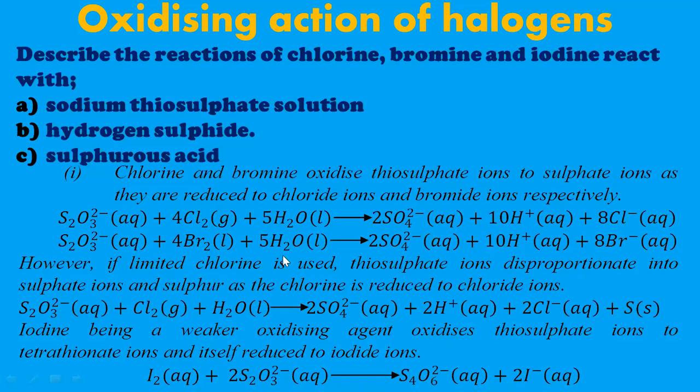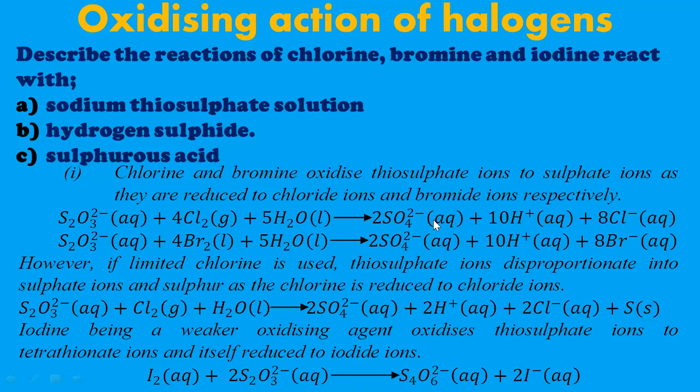However, if you use limited chlorine or limited bromine, then the thiosulfate ions will disproportionate into sulfate ions and sulfur. In other words, we shall form a yellow precipitate, or a yellow solid deposit, of sulfur. That's the difference.